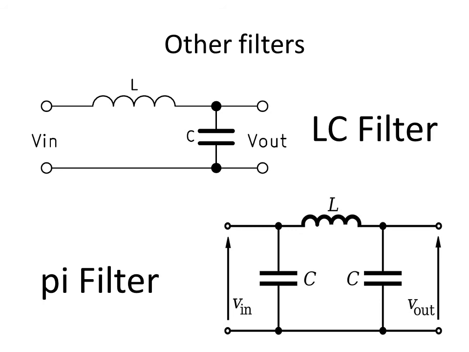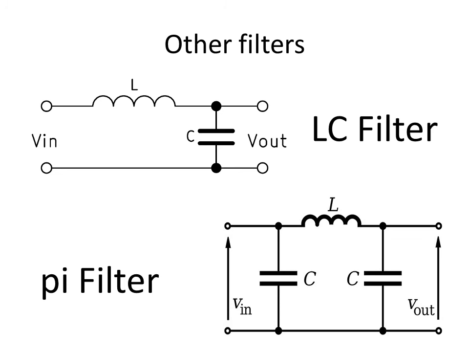So since F is 0, DC will experience infinite resistance, whereas AC will experience only a small resistance. So DC cannot flow through the capacitor, whereas AC will flow through the capacitor and be bypassed. Beyond the capacitor, we have DC alone, which failed to flow through the capacitor. So ultimately DC will be coming at the output.